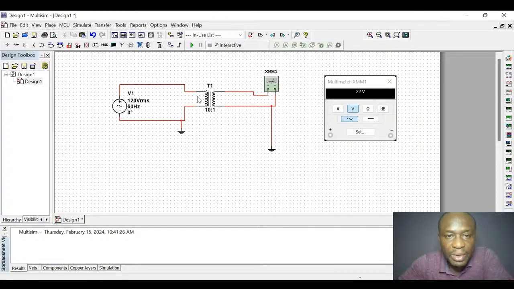This transformer is a step-down transformer, which means it's going to reduce the input voltage according to this ratio, which is 10:1. The output will be 1, while the input will be 10.